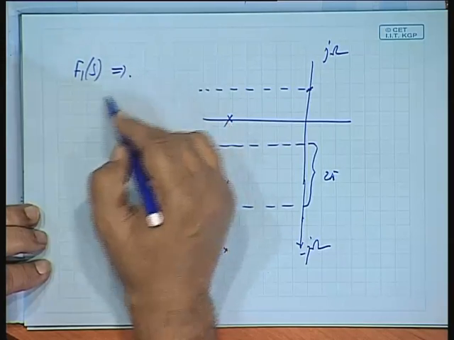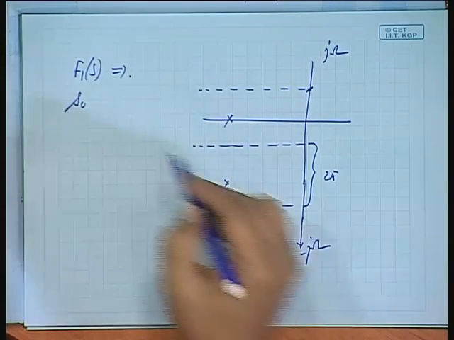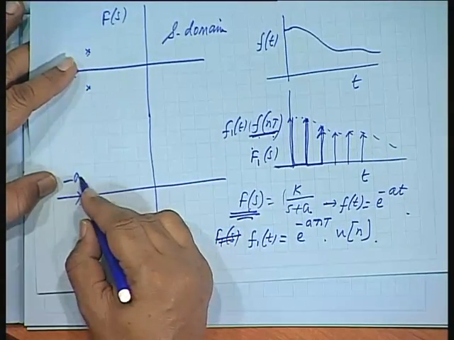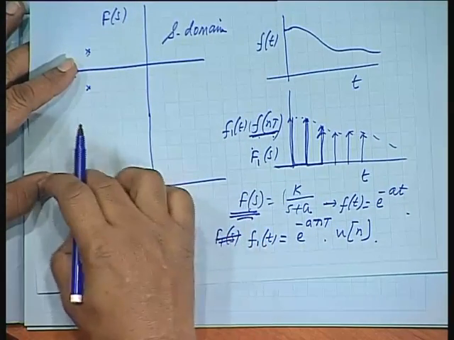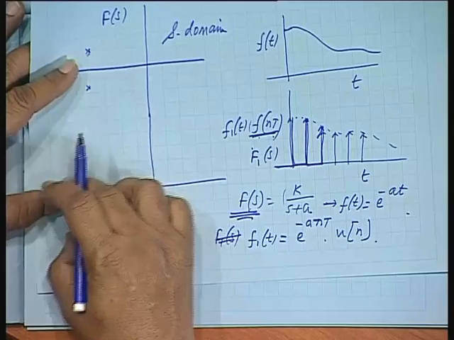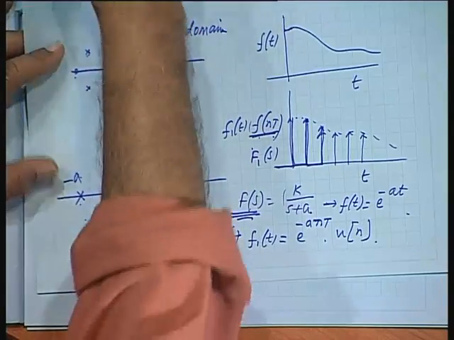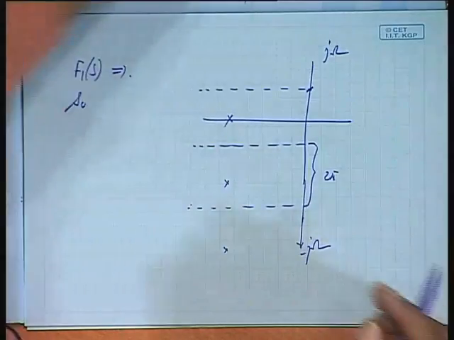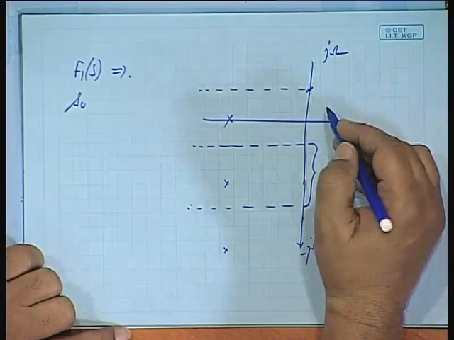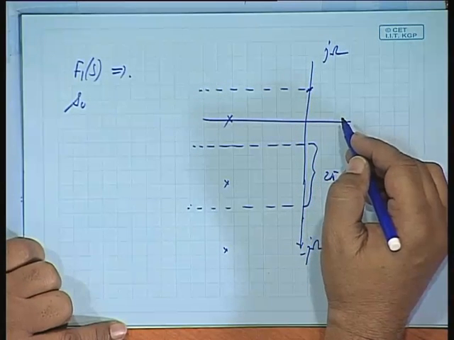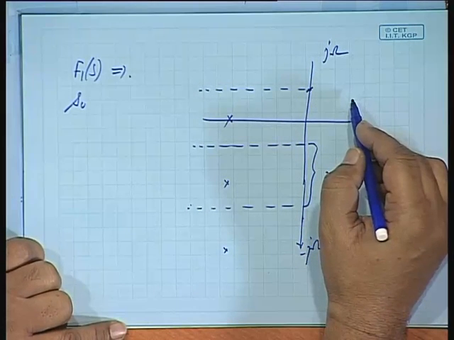If there is a root at s0, which is in this case minus a, it can be minus a plus jb also, whatever roots you are getting here, that will be repeated at every interval of omega naught, where omega naught is the sampling frequency.